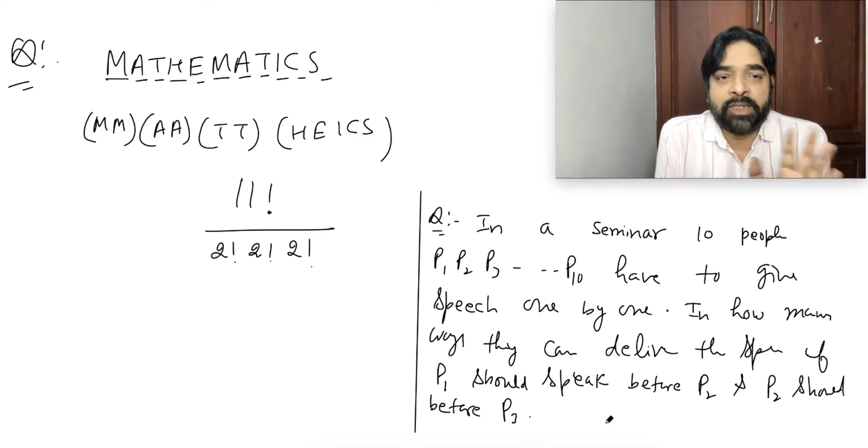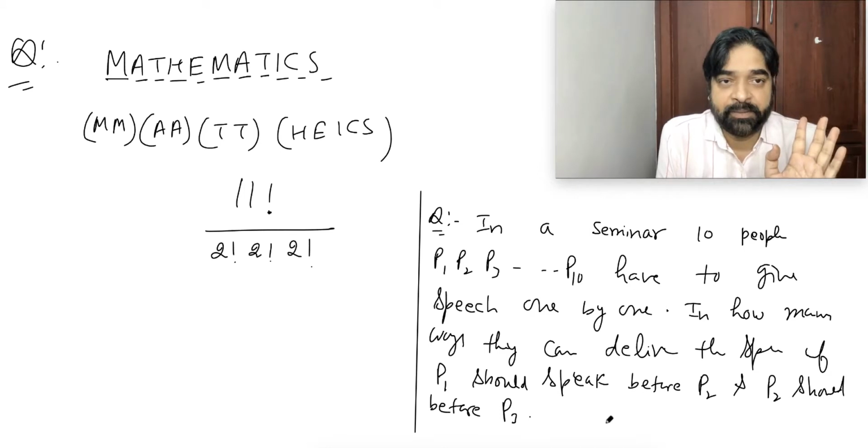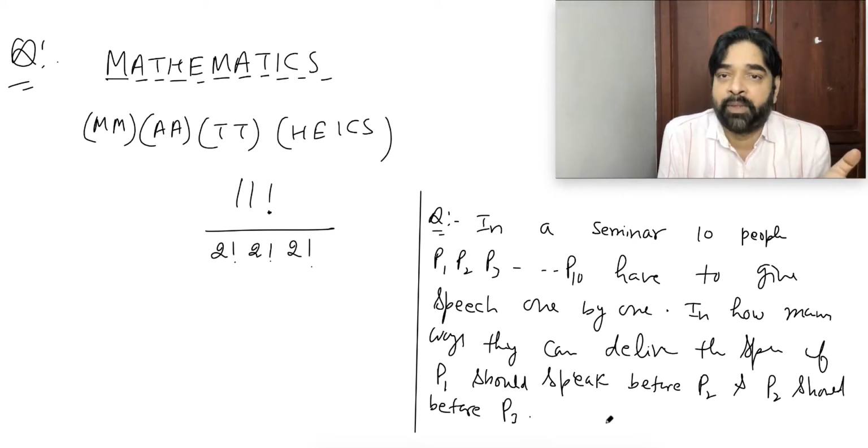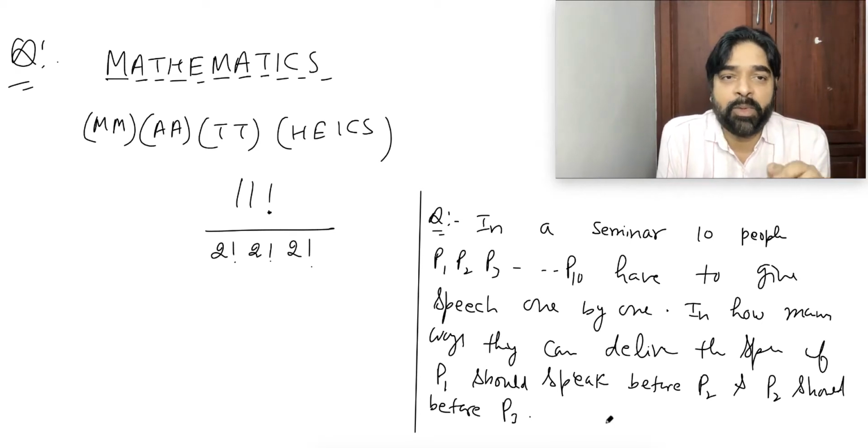In the question, I am not saying that the speech will start with P1. Maybe P10 can start the speech, maybe P7 can start. But one thing is very sure: P2 should speak after P1, and P3 should speak after P2, not immediately. Maybe first P10, then P1, then P7, then P6, then P2. Are you getting my point? Are you able to understand the question? So in how many ways can they speak? Tell me the answer.